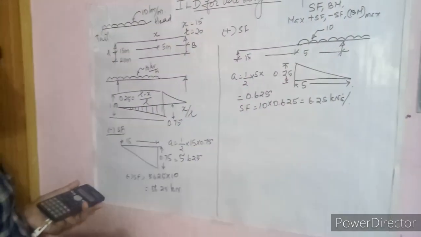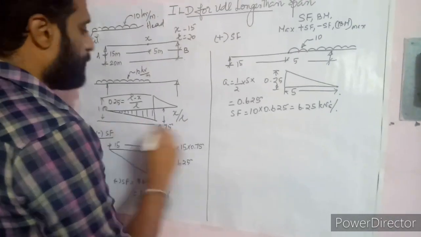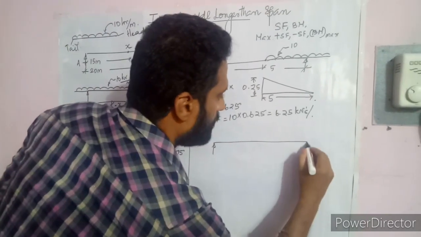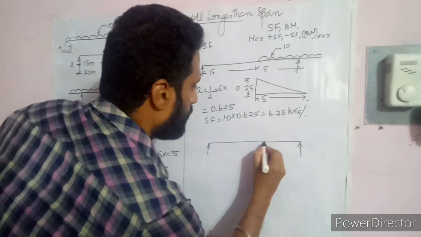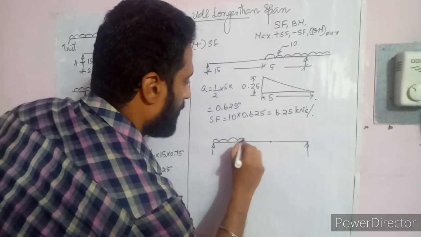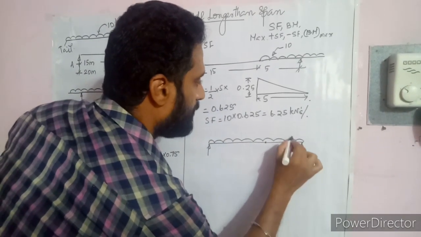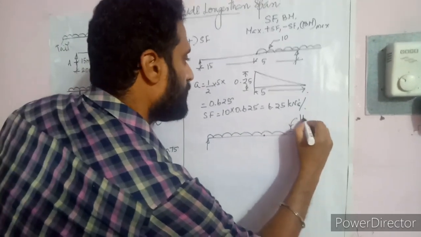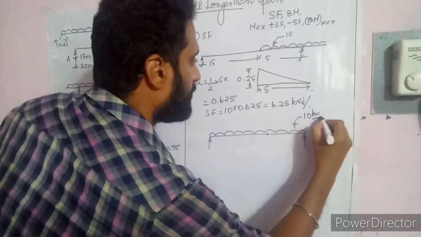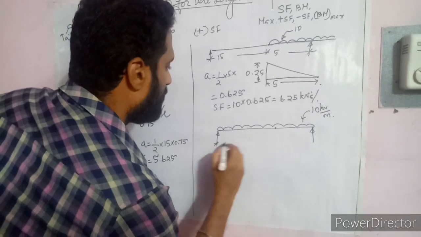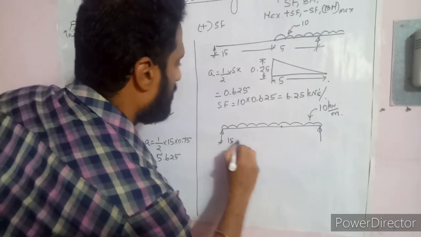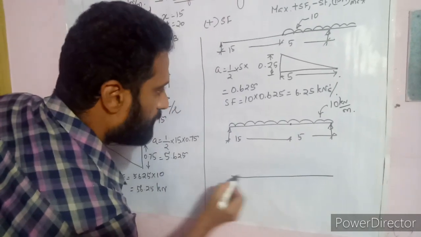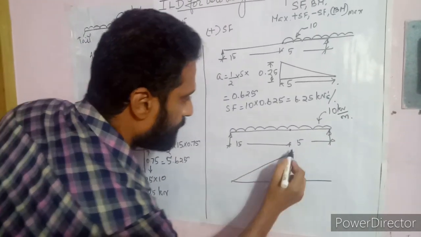Right. Next we need to find the bending moment. For bending moment, the load should be kept over the X portion. Since it is a UDL longer than the span, the entire UDL will be placed, with intensity 10 kilonewton per meter, over lengths 15 and 5. Now I plot the ILD.